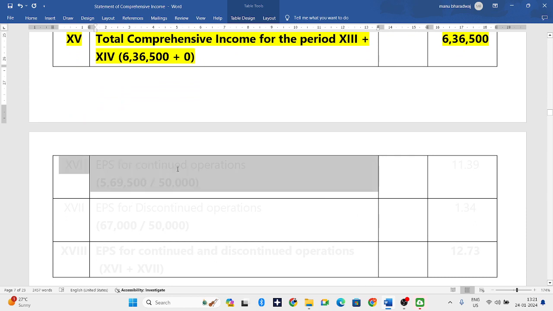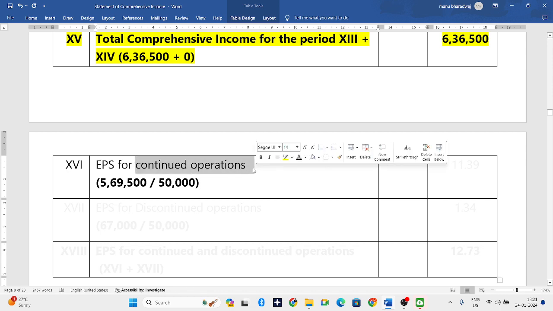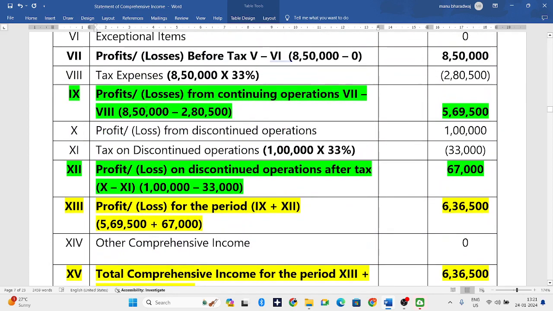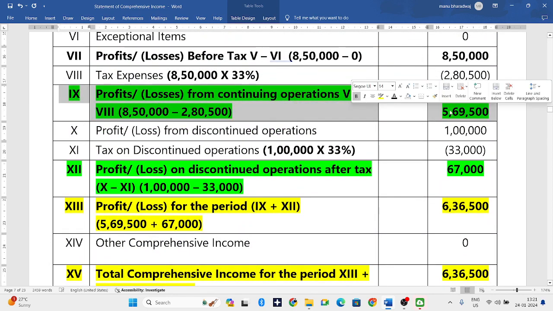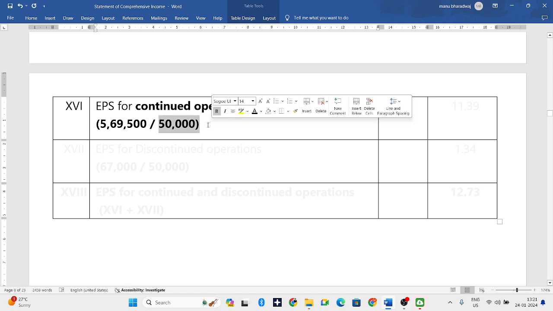Next we have to find out EPS. EPS for continued operations, EPS for discontinued operations and total EPS. For EPS from continuing operations, the number of shares is given in the question: 50,000 shares. So the total shares of the company are 50,000. The total profit from continuing operations is 5,69,500. So 5,69,500 divided by number of shares, 50,000.